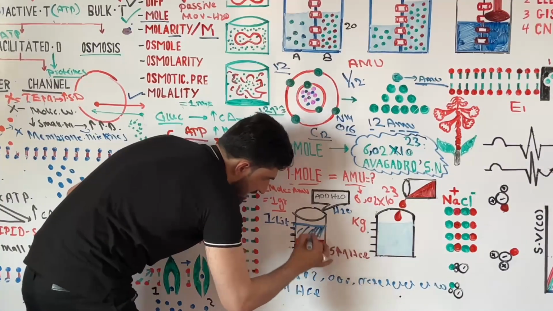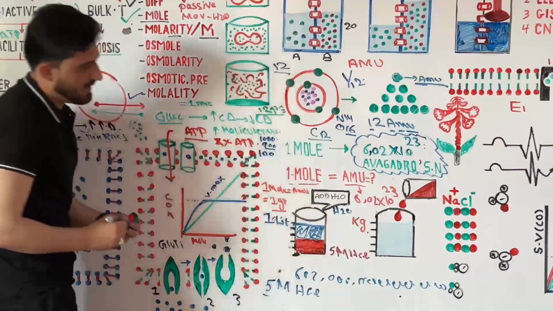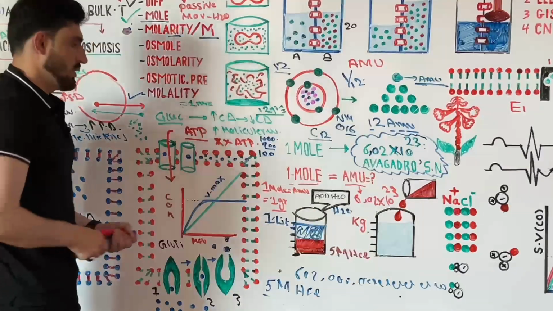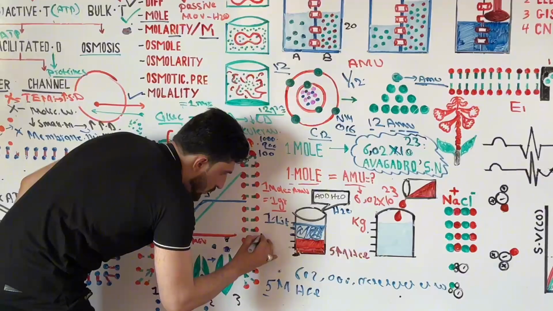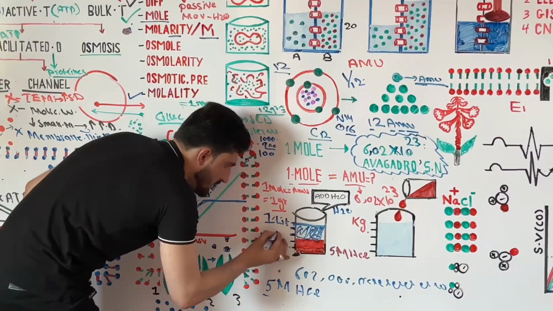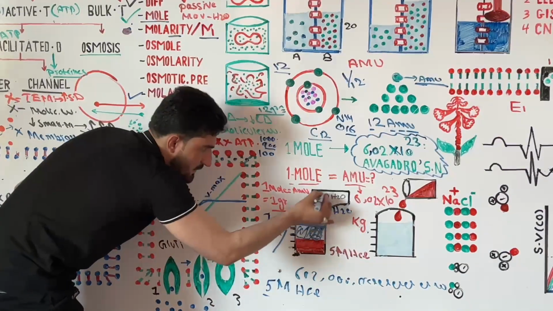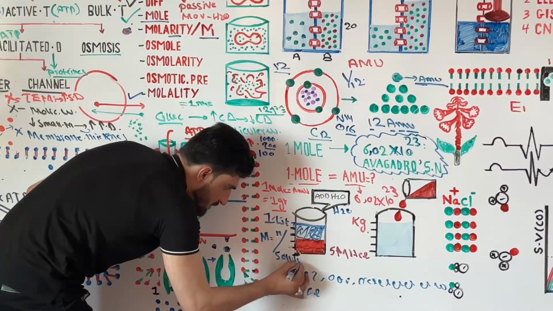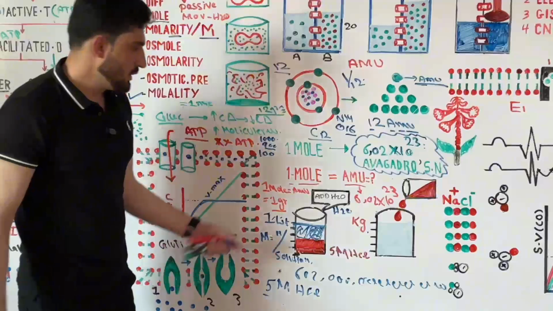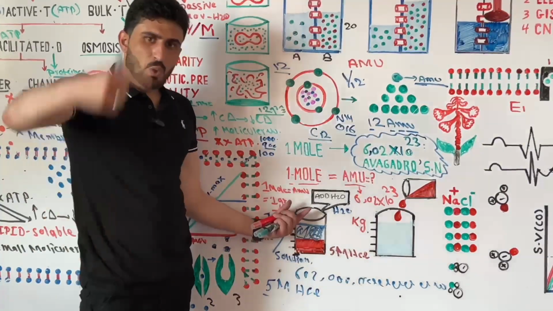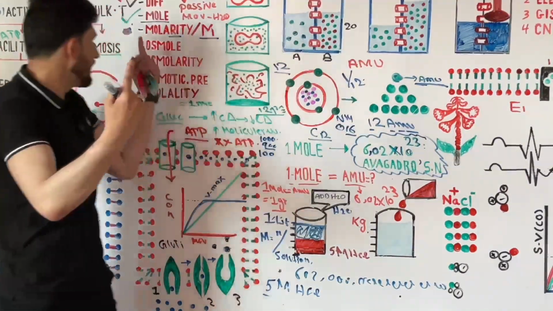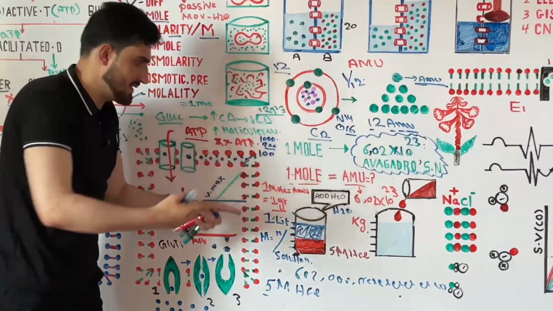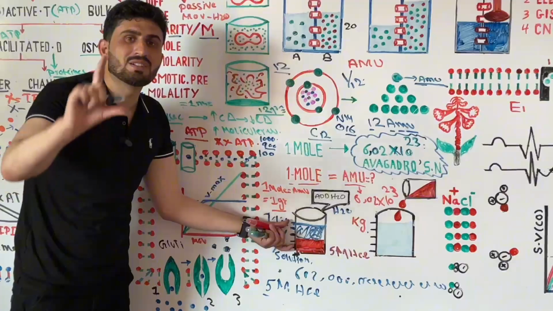Collectively, this is all a solution. This solution is collectively 1 liter. So 1 M is equal to the number of moles per solution. It means I have 1 mole of substance in 1 liter of solution.